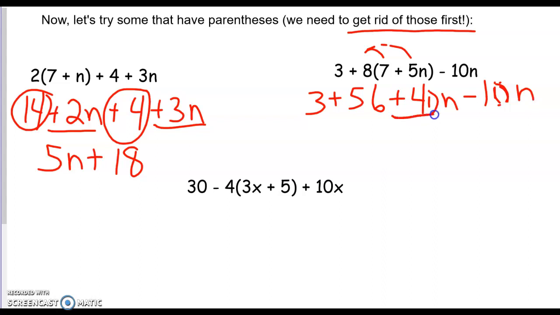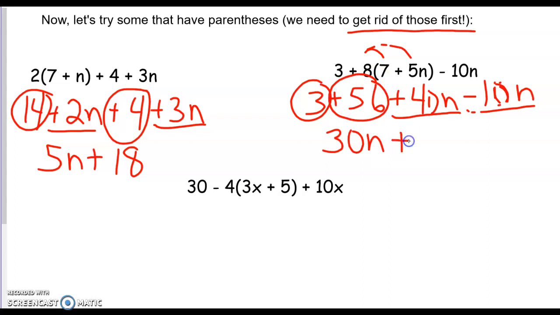I've got plus 40n minus 10n. Plus 40 minus 10 gives me a result of 30n. And then I can combine my constants. 3 plus 56 gives me plus 59. Okay?